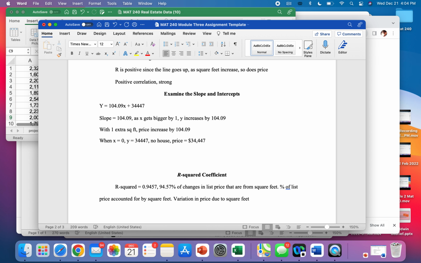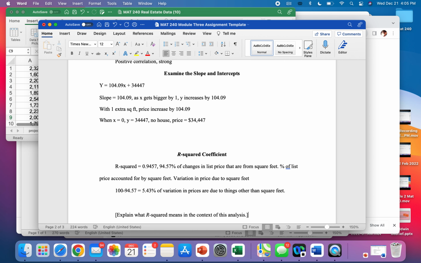If we take 100 minus 94.57, that would tell us that 5.43% of the variation in prices are due to other things, things other than square feet. The condition of the house, where it's located, things like that.